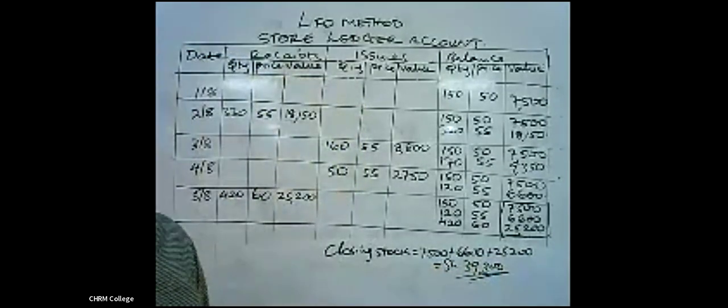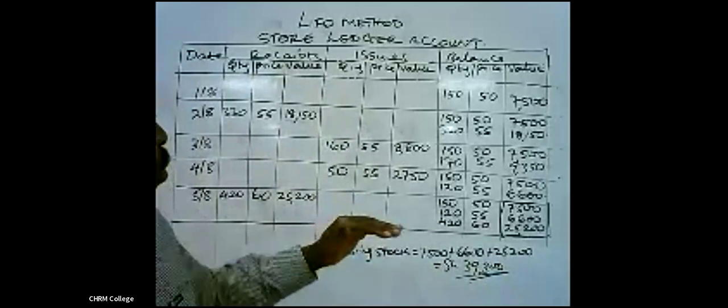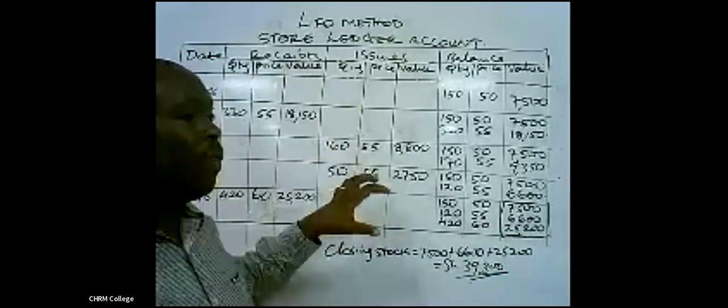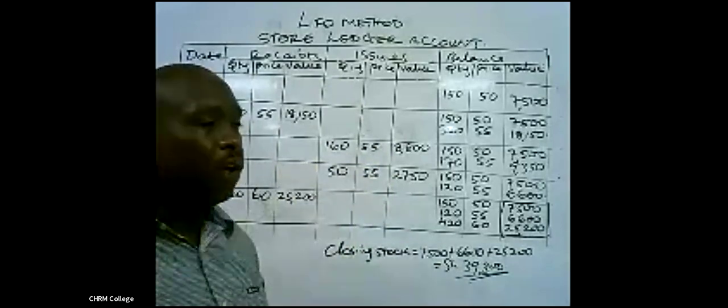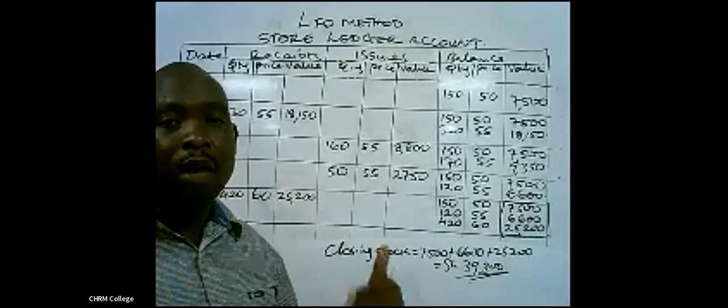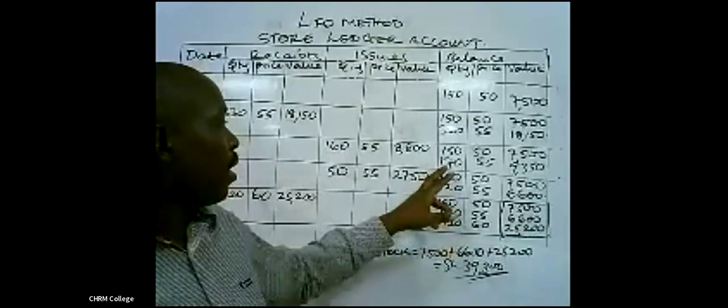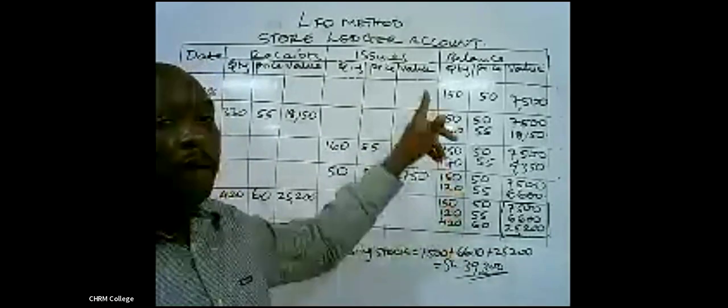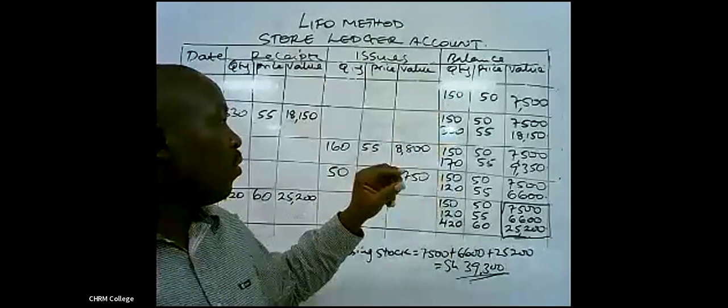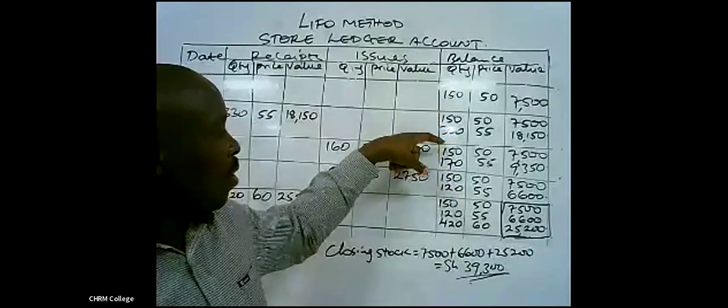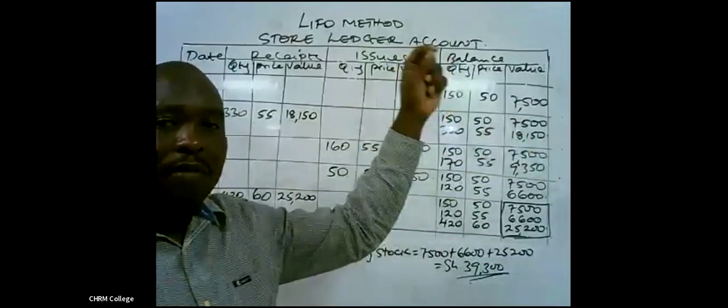That is all about LIFO. The only point where it differs from FIFO is the way units are issued. Under LIFO, we start from the latest going upwards. But if it was FIFO, we would have started from the ones that were received first.